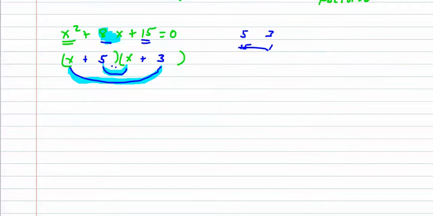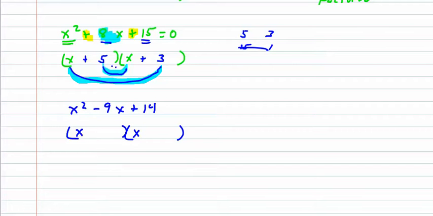Something you need to pay very close attention to is these signs. They could be both positive, they could be both negative, they could be one positive and one negative. For instance, x squared minus 9x plus 14. Now, when you factor, we know we're going to have x and x.